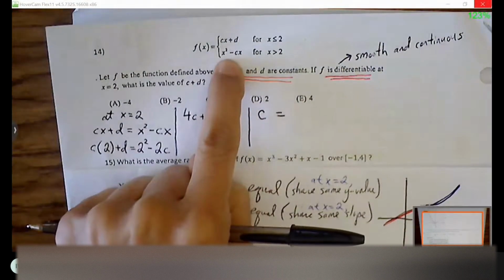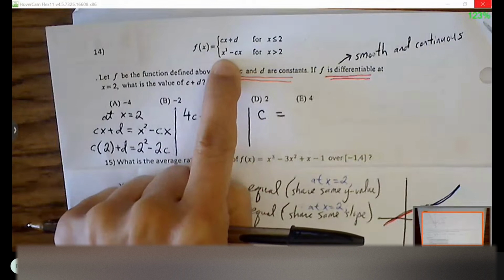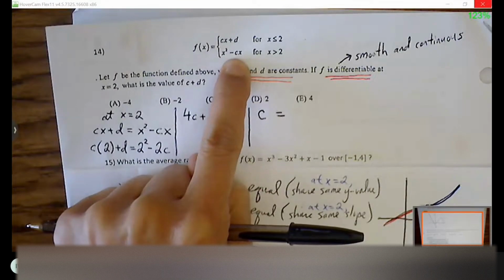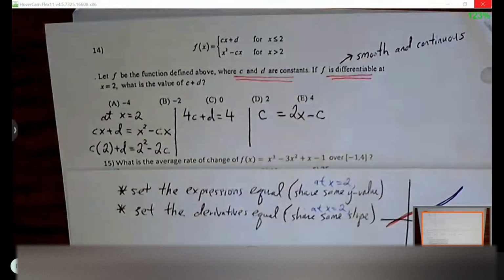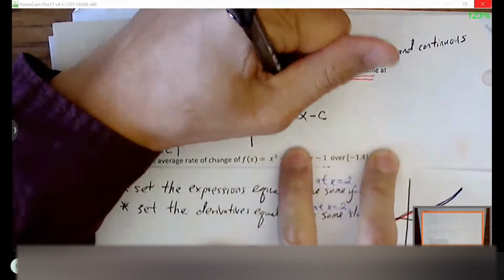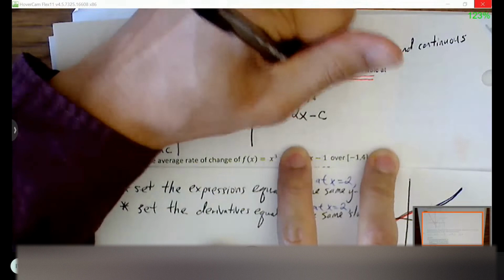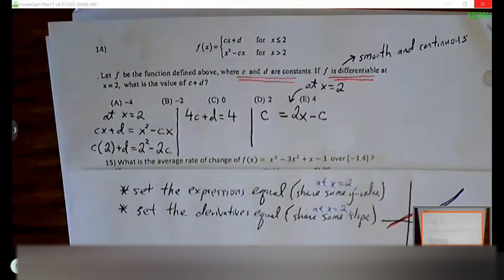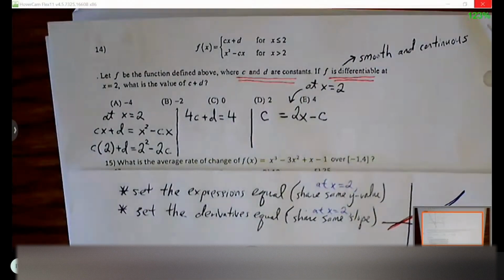Okay, the second piece, x squared minus cx becomes 2x minus c. And we also know that this is going to occur at x equals 2. So there we have it. We can solve for c once we enter 2 in for x.